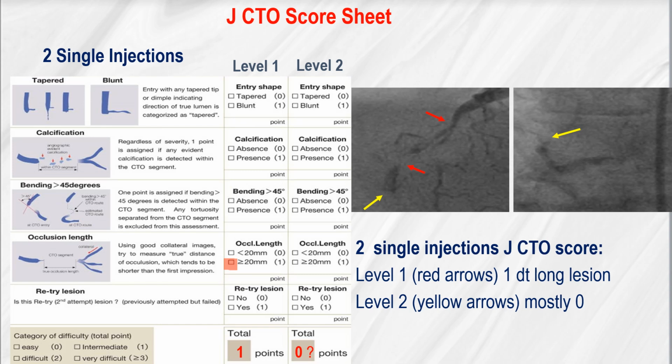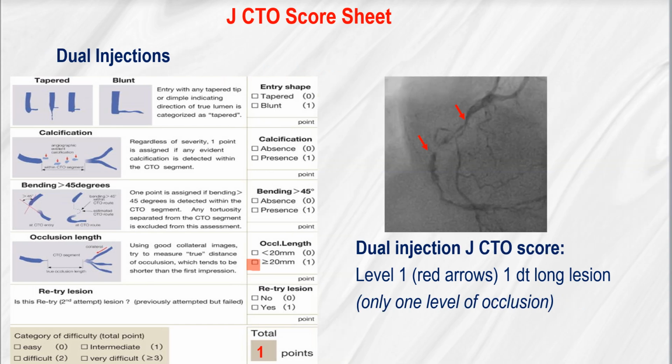Level 1 occlusion, red arrows, score is 1 due to long lesion, while level 2 occlusion, yellow arrows, is mostly 0. With dual injection, only one level of occlusion, score 1 due to long lesion.